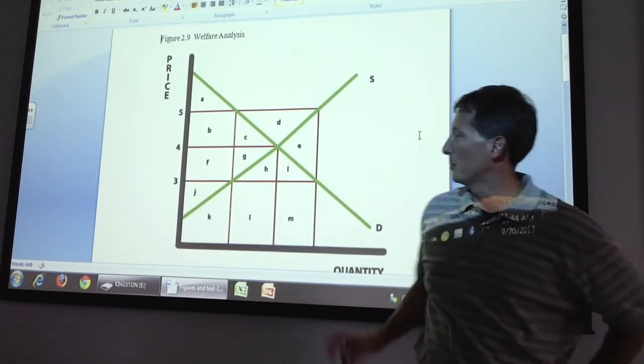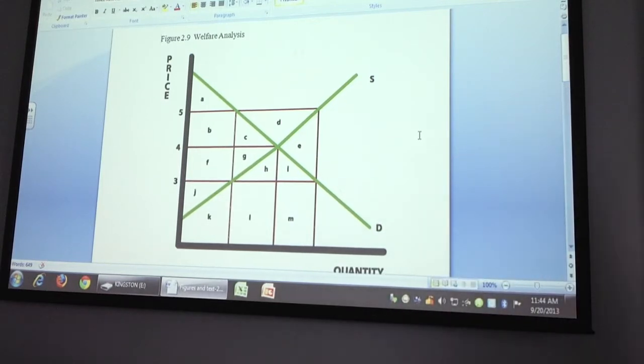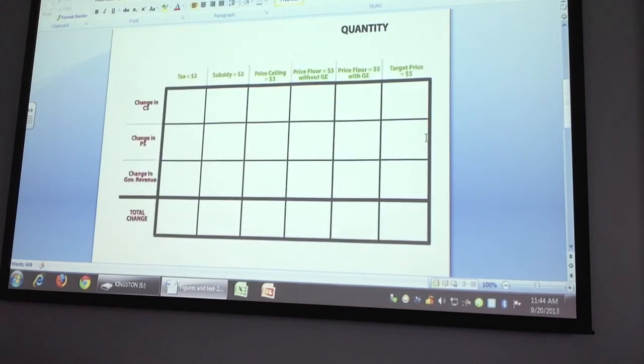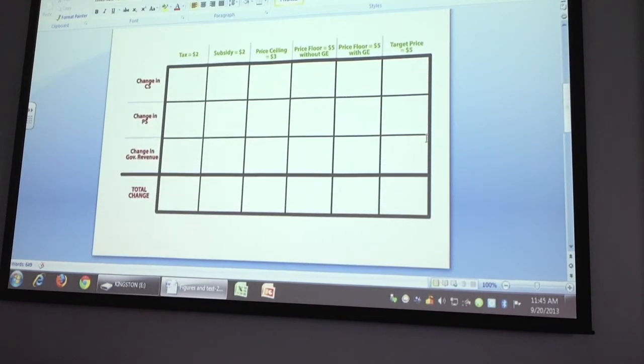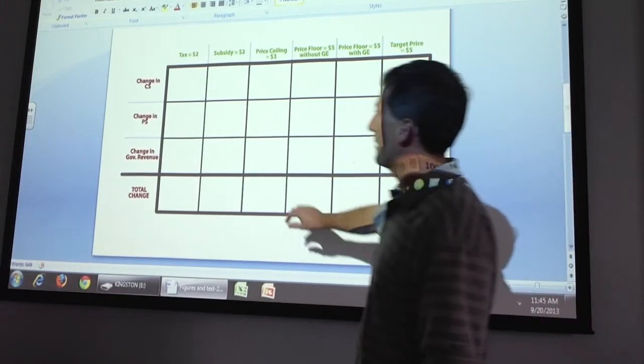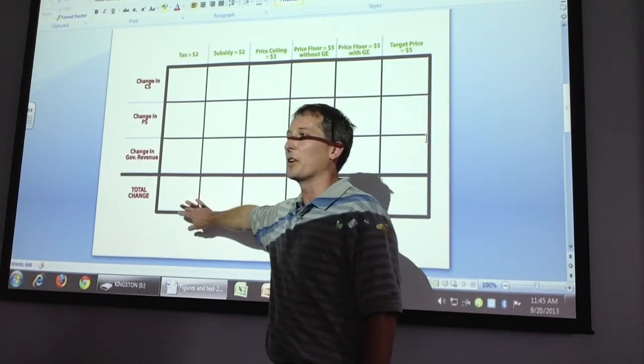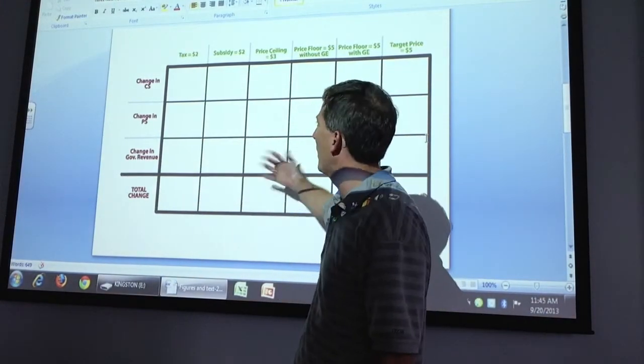So we're going to look at this a little bit differently, and we're always going to come back to home base, which is our starting place. In the matrix down here, we're going to go through all 6 of these ultimately and try to establish what the welfare impacts are of imposing that policy.